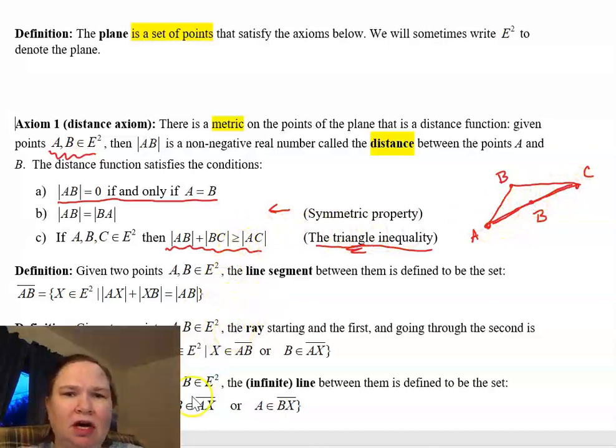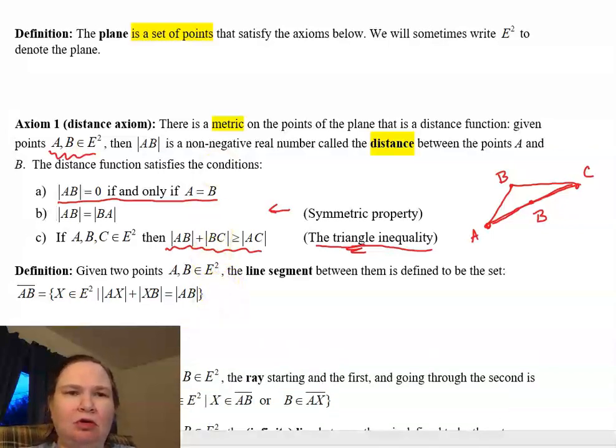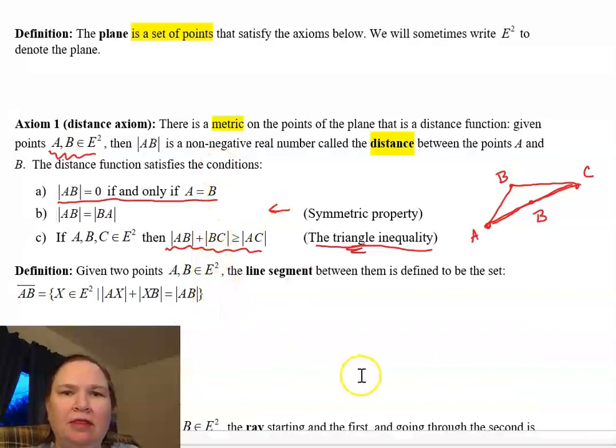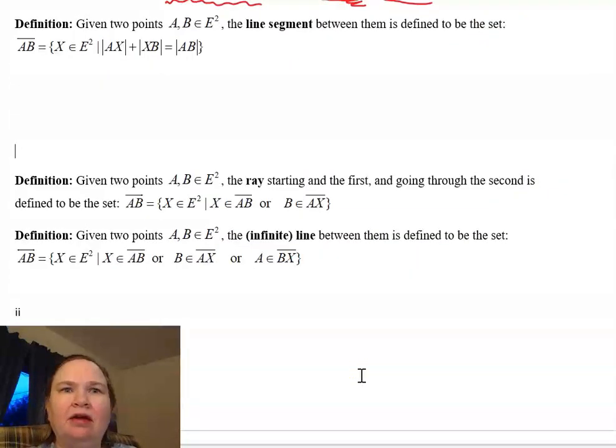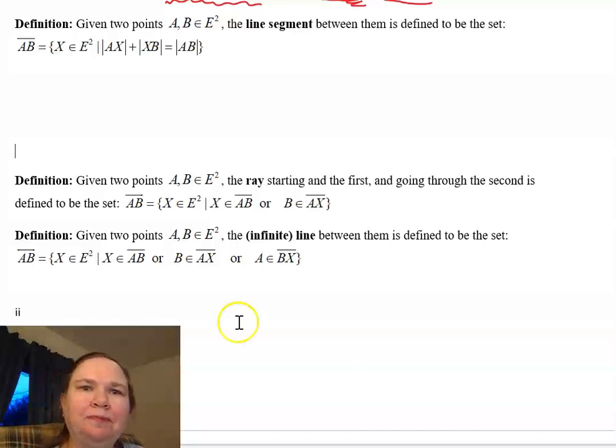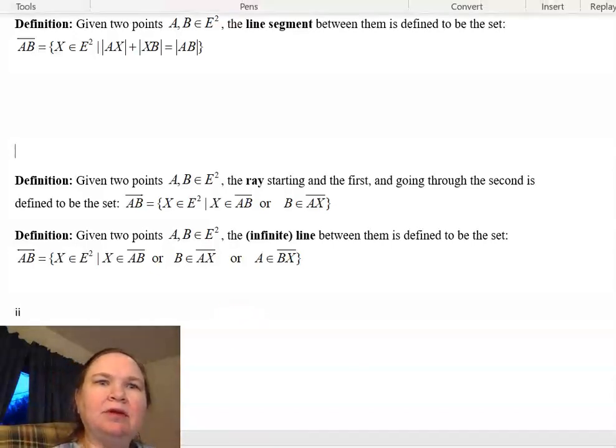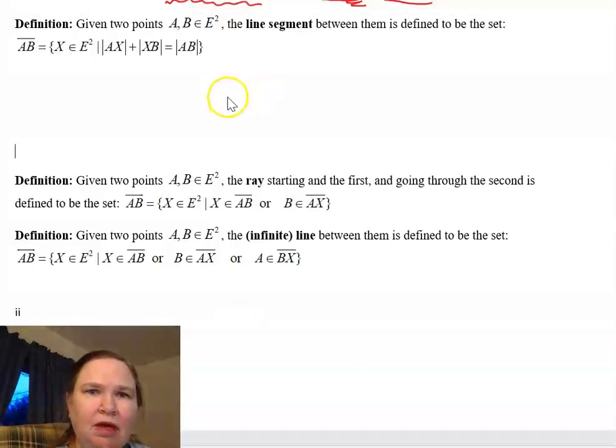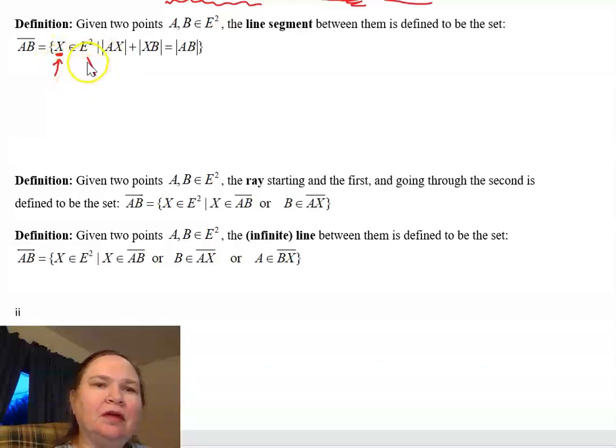We spent a while talking about what it means to be a line segment. So I'm just going to draw out that same picture that we had a little while ago. If you have a line segment, that line segment is all of the x's in E2, so that's the plane, and elements of the plane are points.